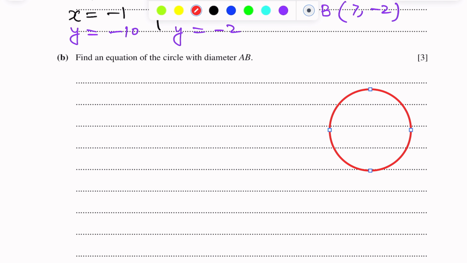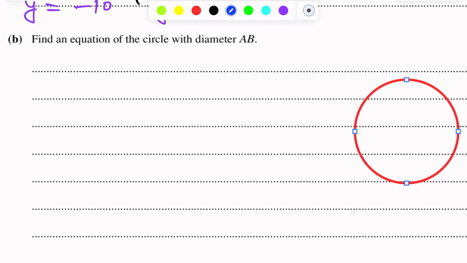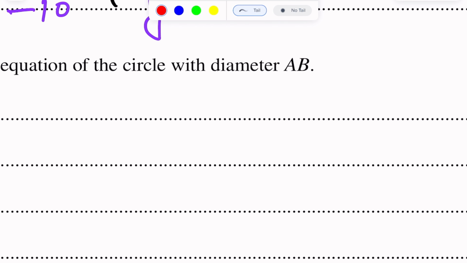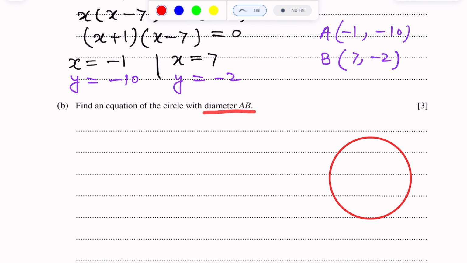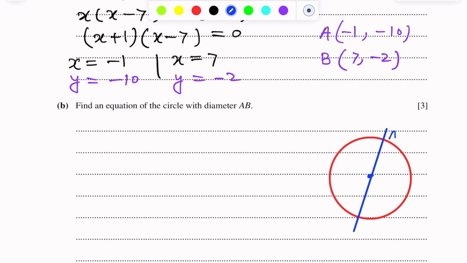Now AB is the diameter. We have to find the equation of the circle with the diameter AB. This is line AB, passing through the center of the circle. This point is A, this point is B.